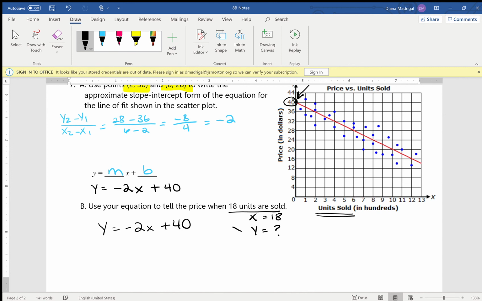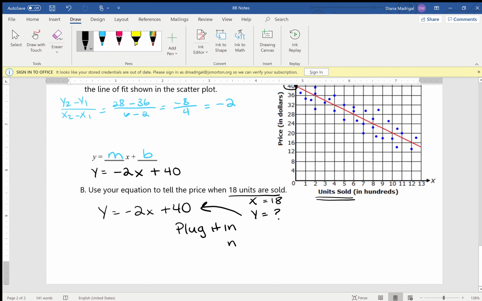Well, we have our equation. All we have to do is plug it in. y equals negative 2 times 18 plus 40. All you have to do now is solve. 18 times negative 2 gives me negative 36 plus 40.